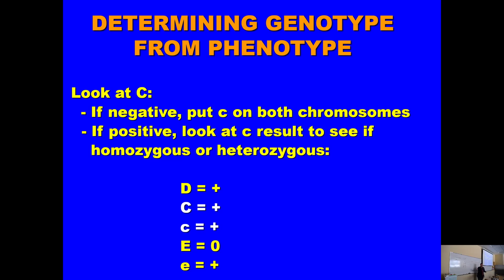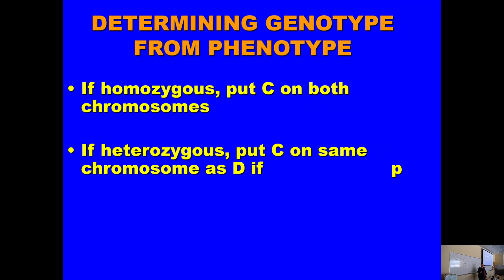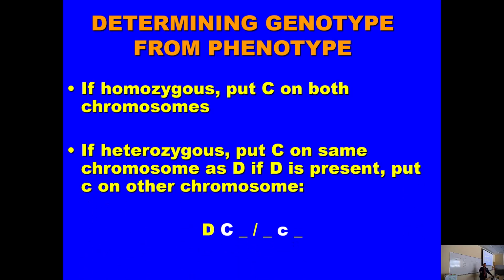So now what I'm going to do, if heterozygous, I'm always going to put big C next to big D. So I know if I have a big D, it's going to be a big C. We still don't know if this is big or little, but we know this is where we're going to put our little c because we had the big D here.